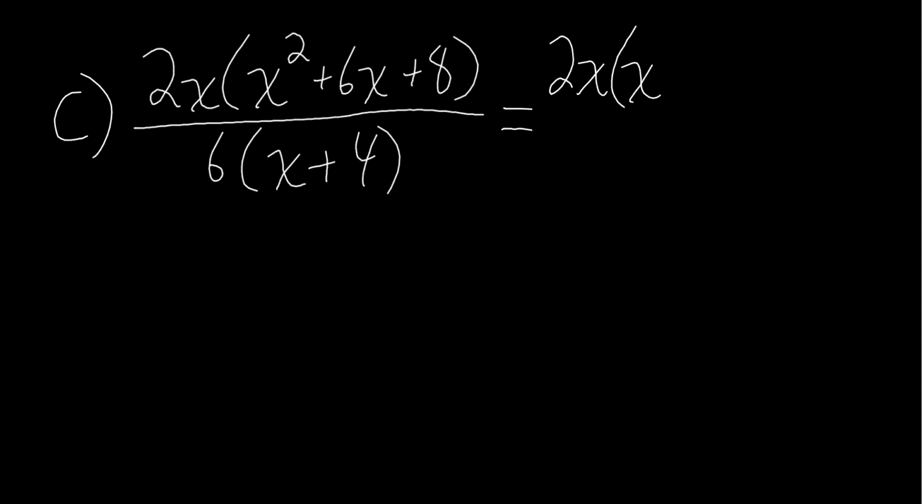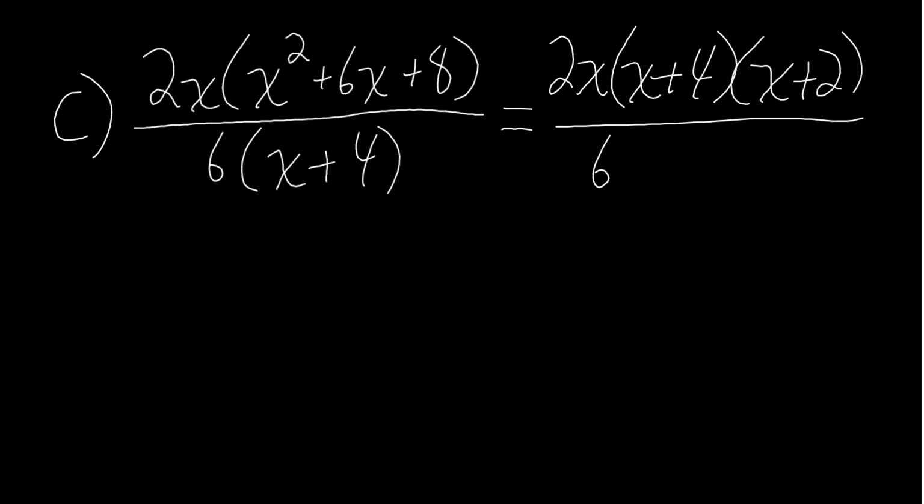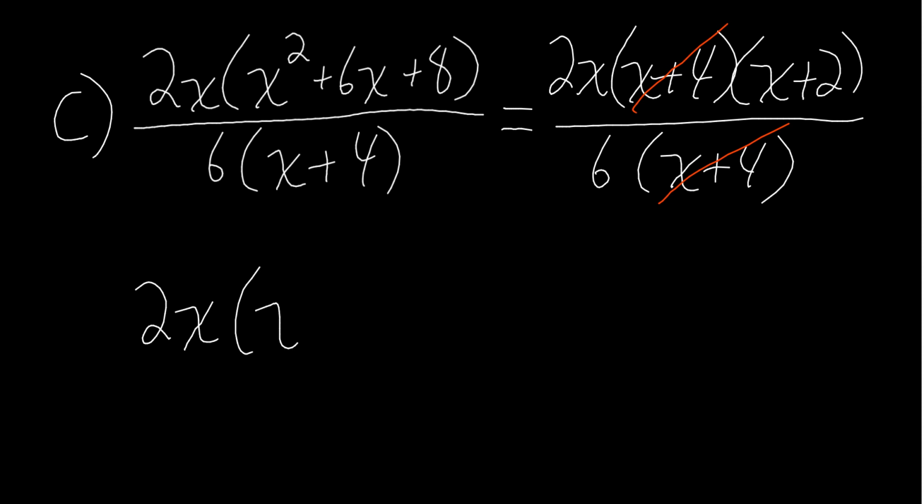So x plus 4, x plus 2 all over 6, x plus 4. Well, I can cancel my x plus 4s. So I end up with a 2x times x plus 2 all over a 6.